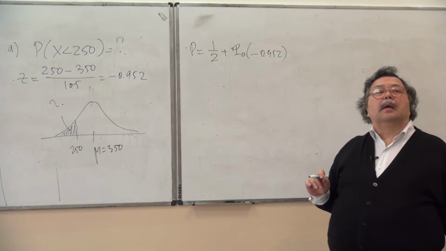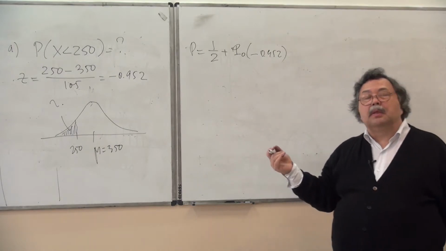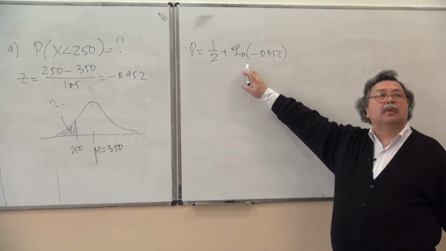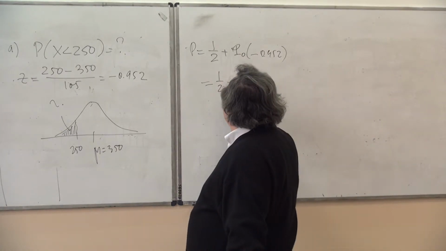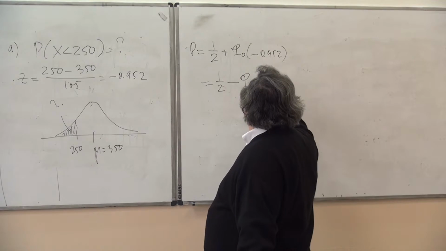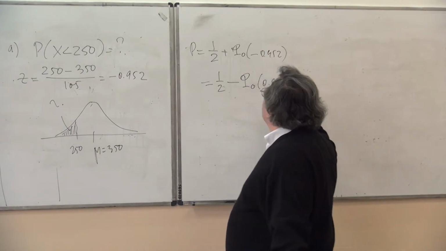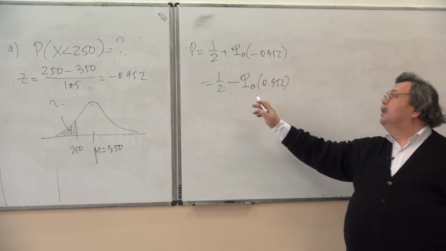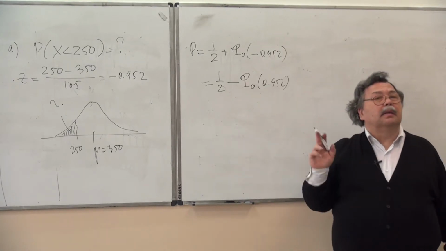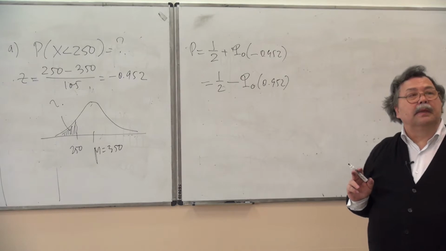To be able to use the table, we need to use the property of oddness of this function, and rewrite it this way, minus Phi 0. So the argument z is positive now, but we have a minus that stands in front of it.